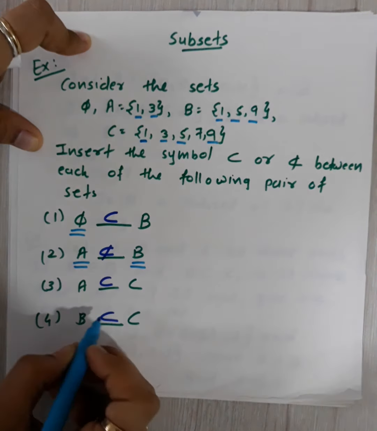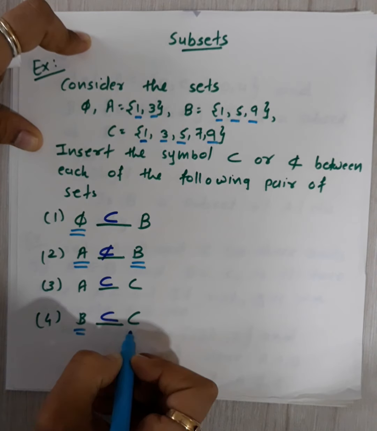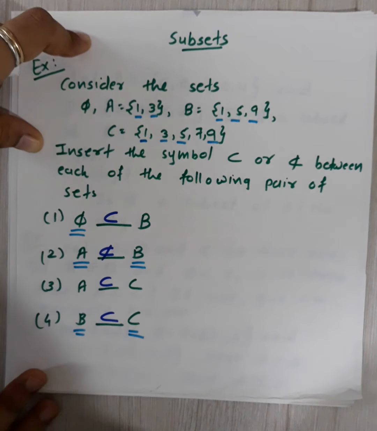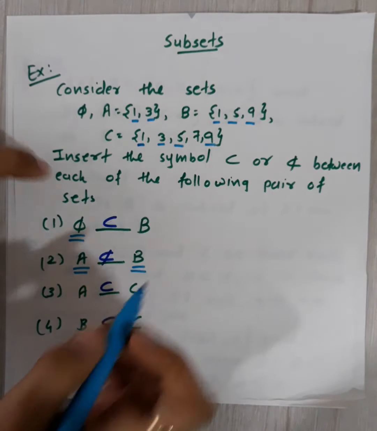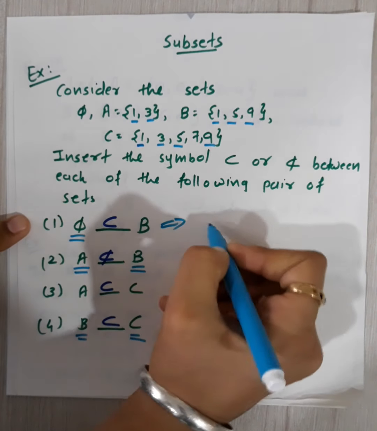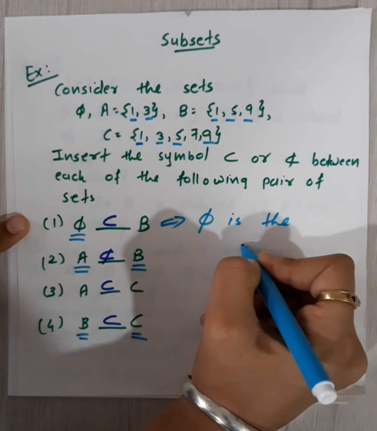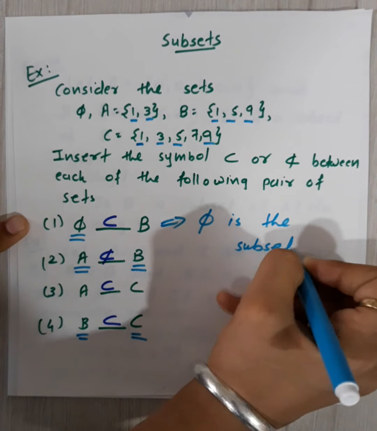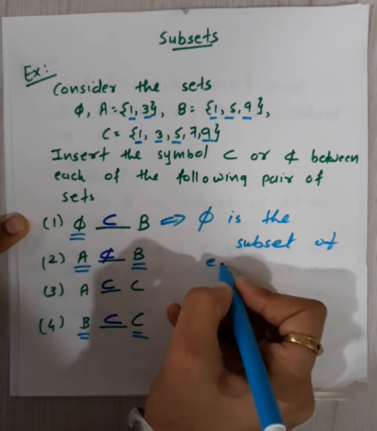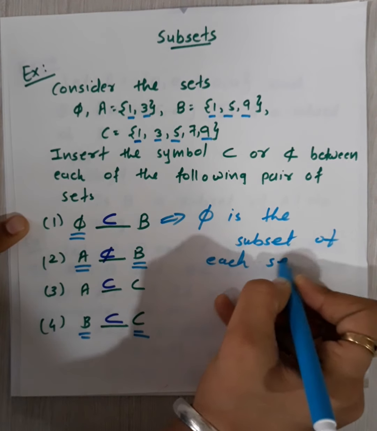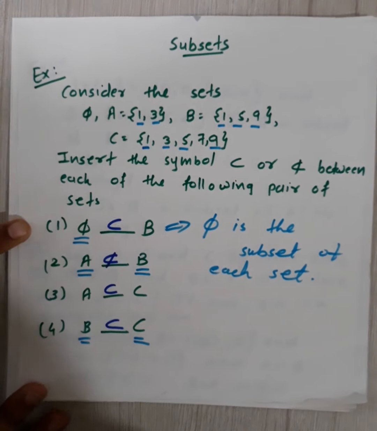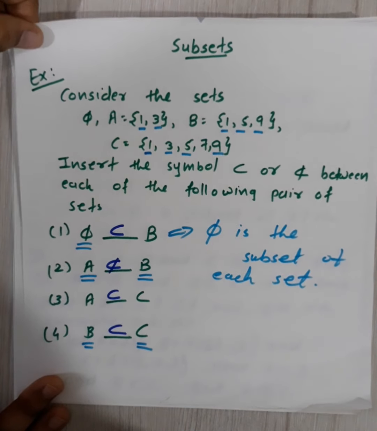So you can say that B is a subset of C. And always remember one thing: phi, which is the empty set, is a subset of each set. I hope you understood this example.